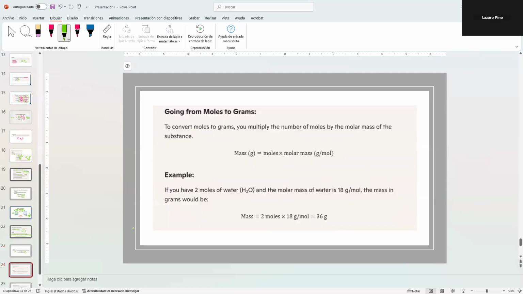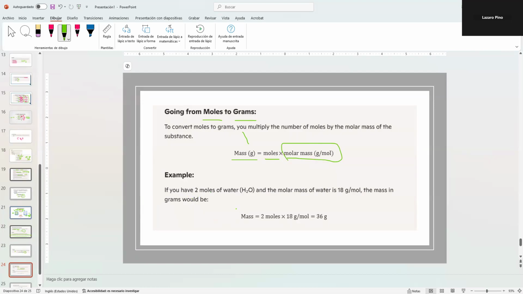On the other hand, you want to get moles from grams. How can you get the moles from grams? Well, you know that the mass is equal to the number of moles times the molar mass of a compound.